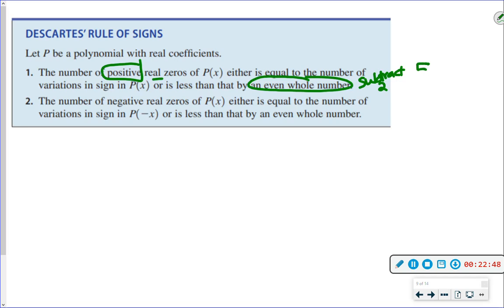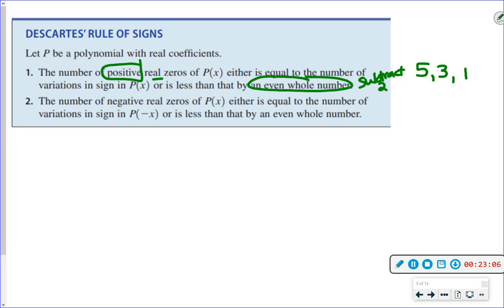That means there could be 5 positive answers, 3 positive answers, I subtracted 2, I can subtract 2 again, or 1 positive answer. Basically, you have a guarantee of a positive answer, so I'm picking the positive numbers off the list.